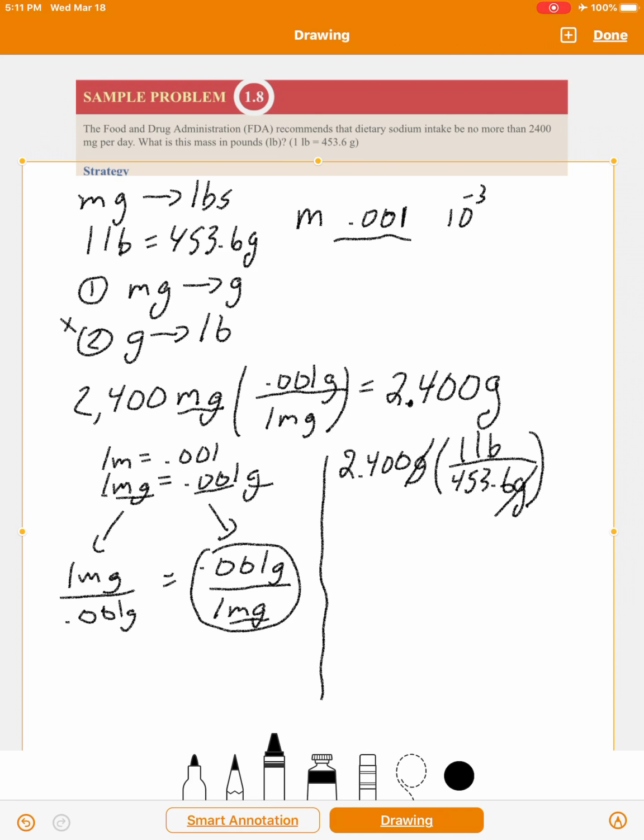Grams cancel. Now this one, you may need to use a calculator. So 2.4 over 453.6, and you get 5.291 times 10 to the minus 3.